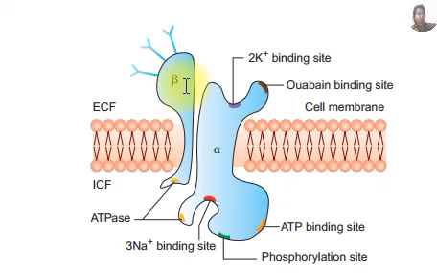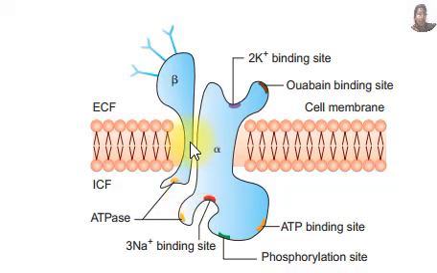The alpha subunit is mainly concerned with the sodium potassium transport.